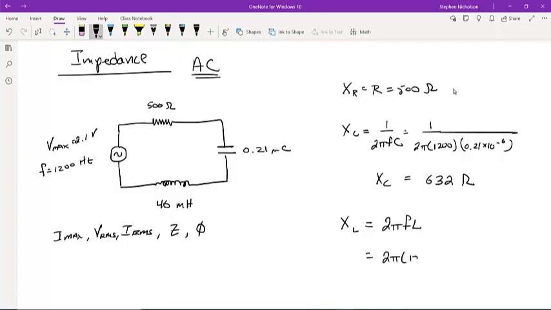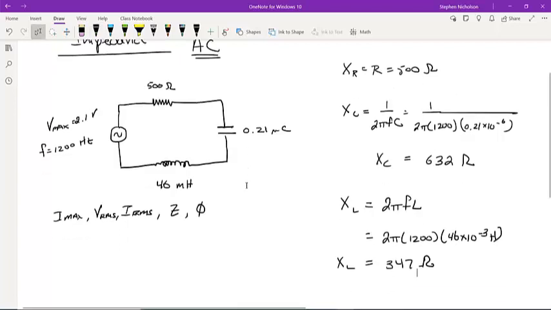So we get 2 pi times 1200 times L, which is 46 times 10 to the minus 3 henries, millihenries. 2 times pi times 1200 times 46 e to the minus 3 power, and I get 347 ohms. Okay, they're all ohms.